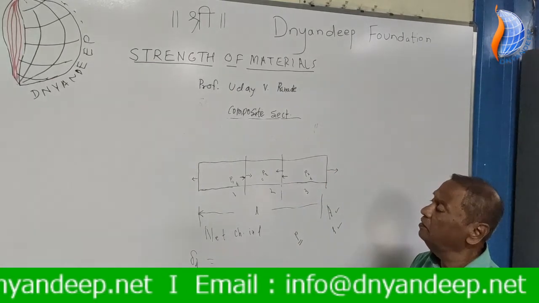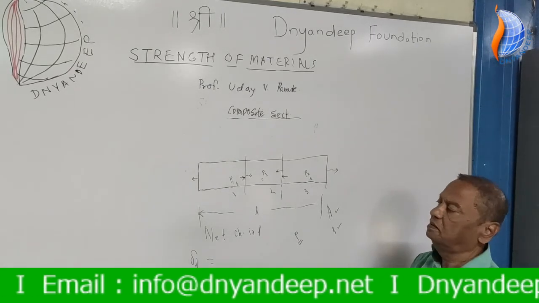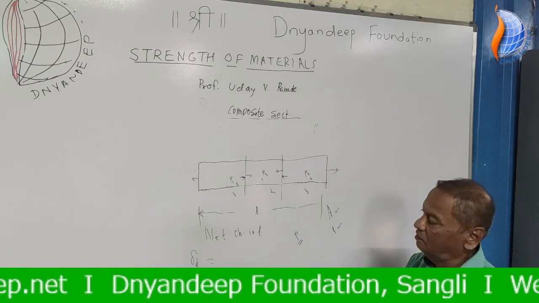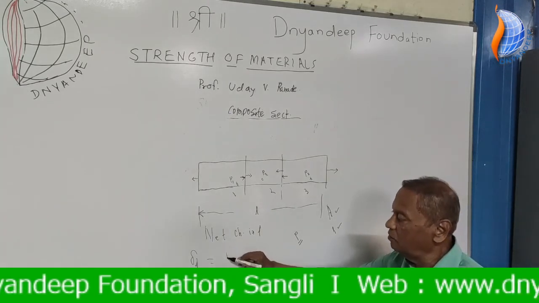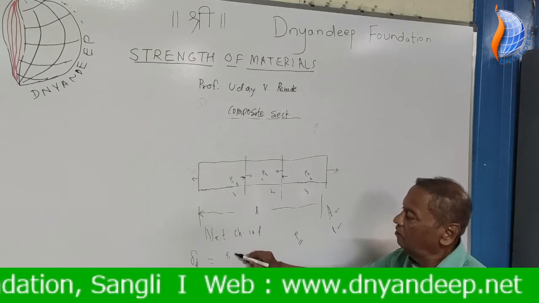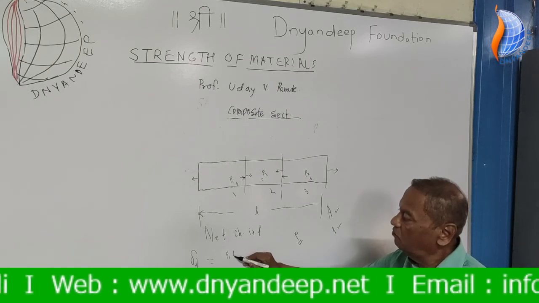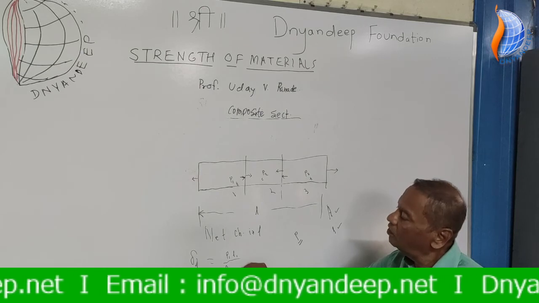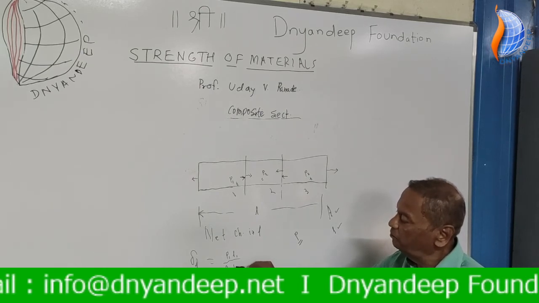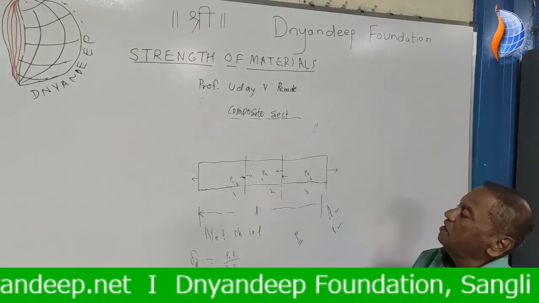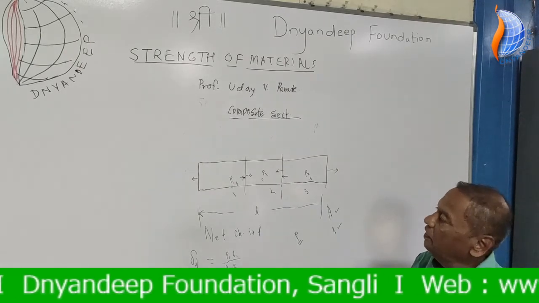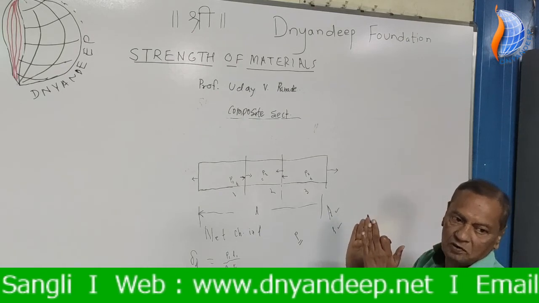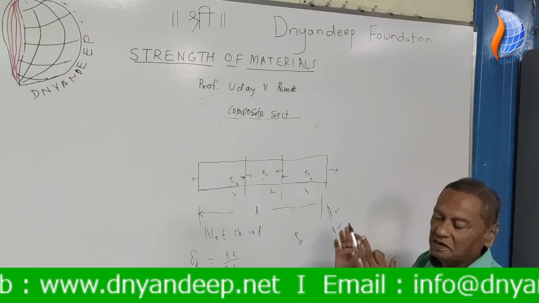So this delta will be equal to change in length for part 1 due to tensile force. So it will be equal to P1 into L1 upon A1, or A is same. And now what is the change in length for part 2? It is compressive force. So change in length will be negative or length will decrease.